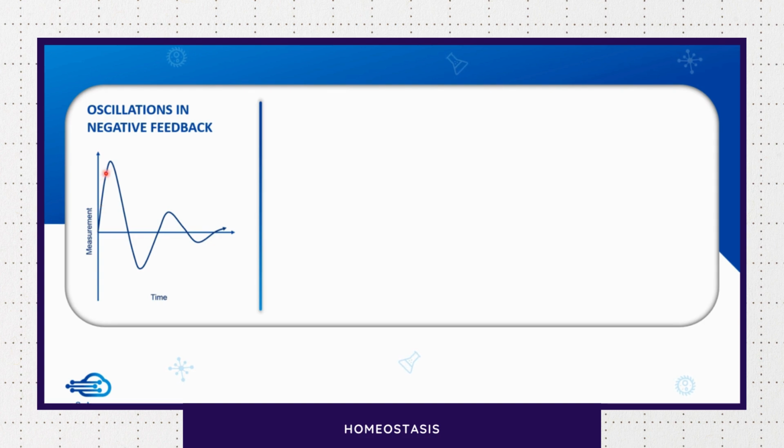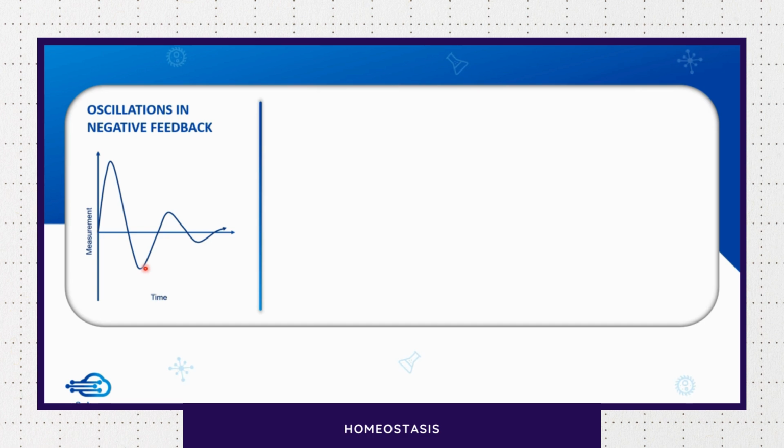So, it will try to bring it back towards the normal reference range. But because of the time taken, and also the control center may not be perfect, okay, it tries to overcorrect it. So, in trying to bring it towards normal, actually the value decreases a bit. So the disruption has caused an increase in the value, and with the control center trying to correct it, it causes a decrease in the value.